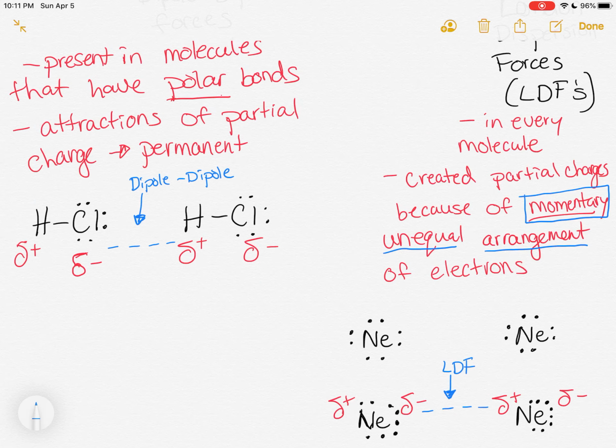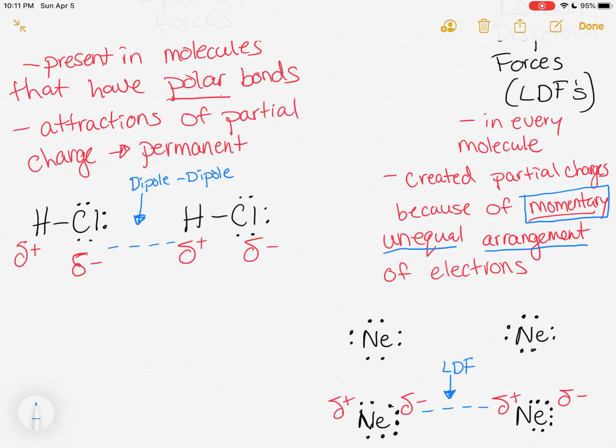Okay. Now you'll notice that the dipole-dipole attraction looks almost the same as the LDFs. The difference is how the attraction was created, and the fact that LDFs are going to have that attraction for only a split moment, whereas dipole-dipole attractions are permanent because those are happening between partial charges that are never disappearing.